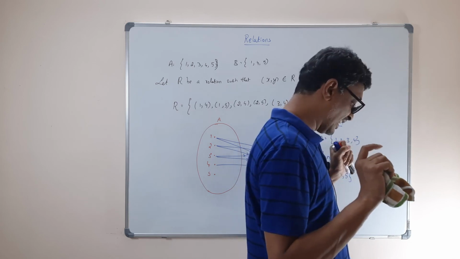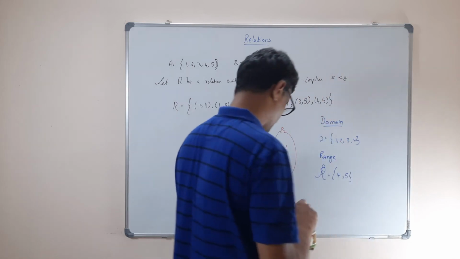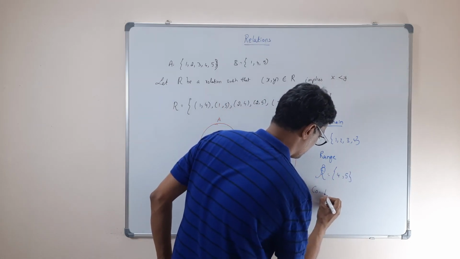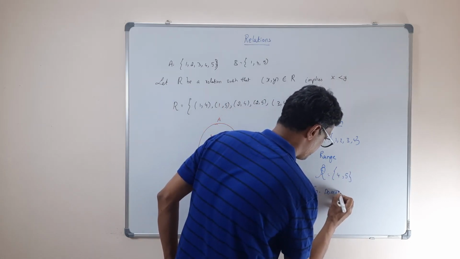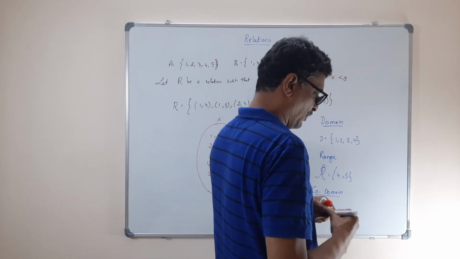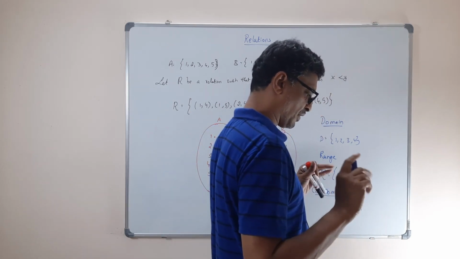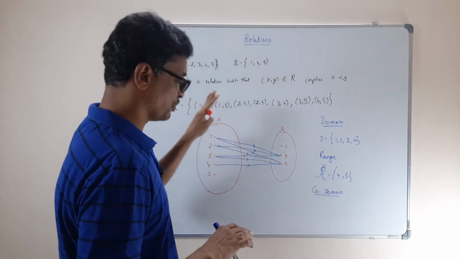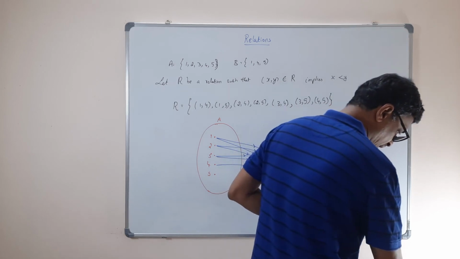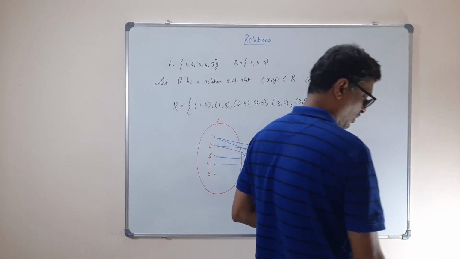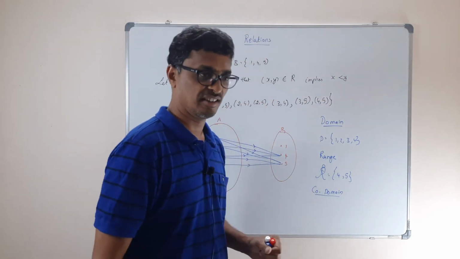And then there is something called codomain. Codomain is what? If R is a relation from A to B, then the set B is called the codomain of the relation R. You got it?